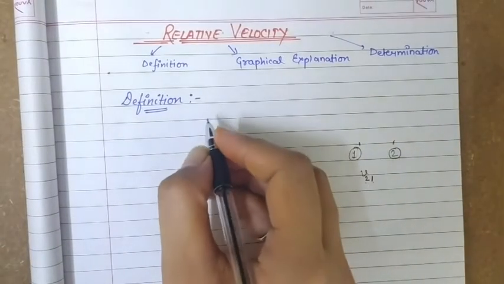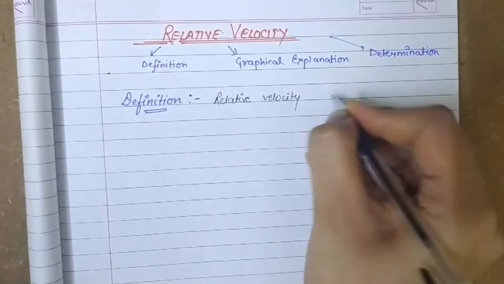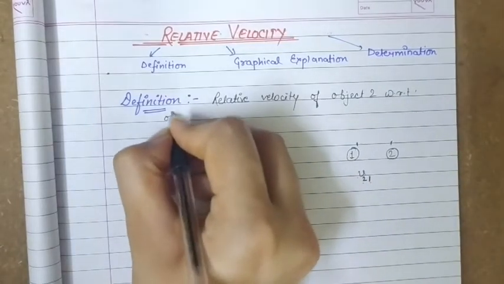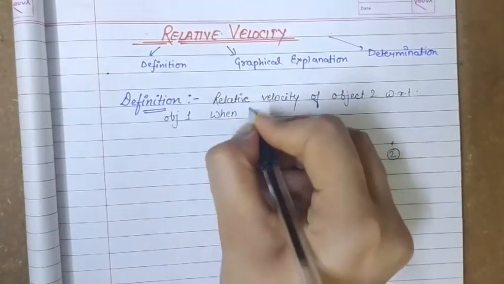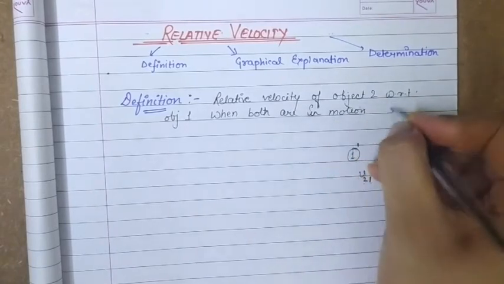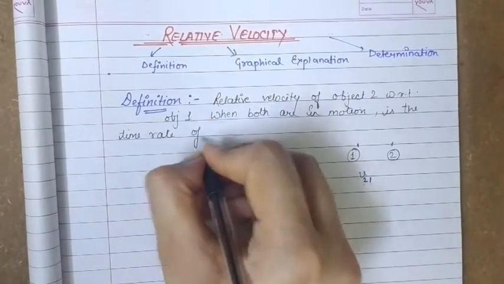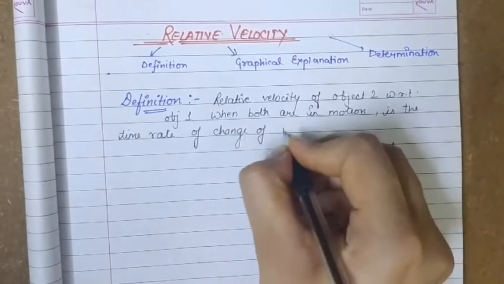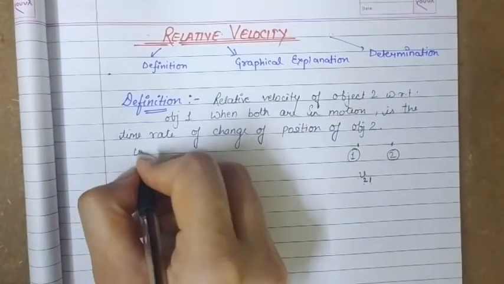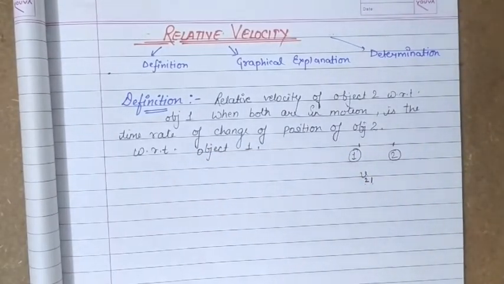So we can define relative velocity as: the relative velocity of object 2 with respect to object 1, when both are moving, both are in motion, is the time rate of change of position of object 2 with respect to object 1. So this is how we can define relative velocity.